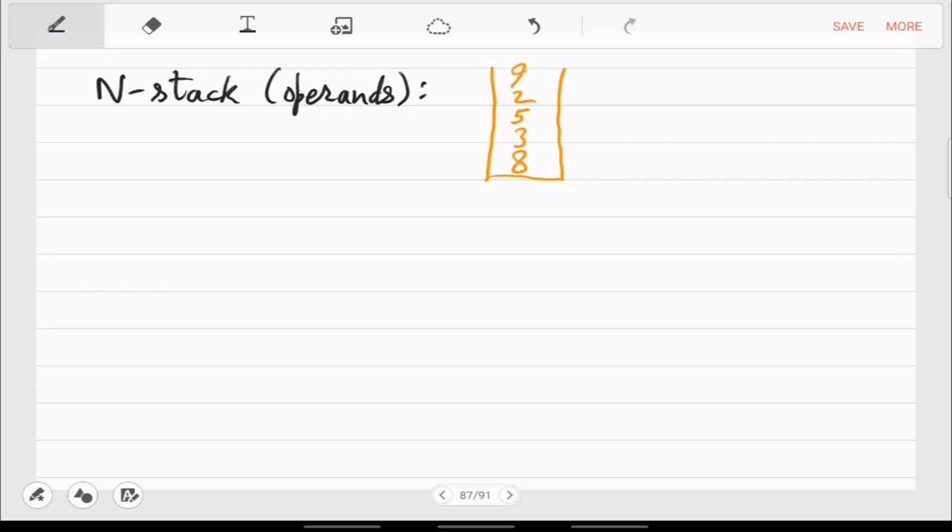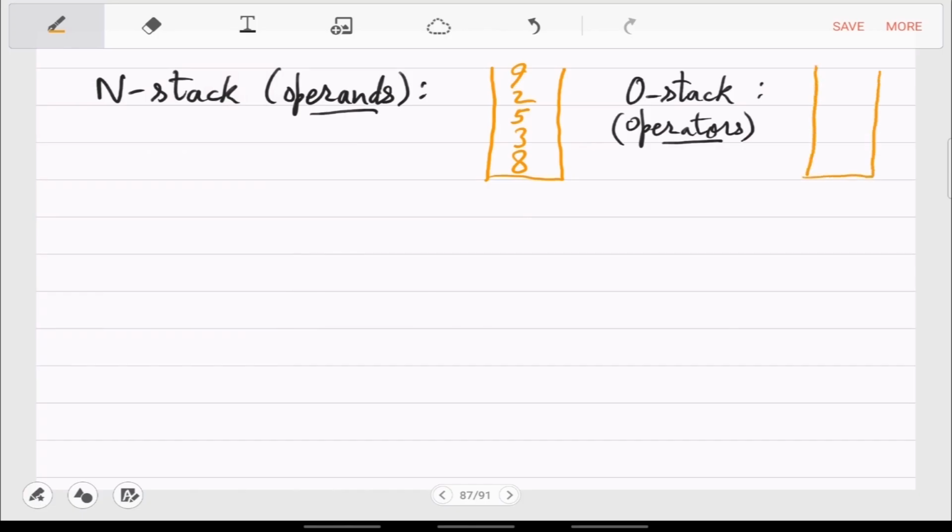And the second is the O stack, of operators. Here you can just keep the operators, which are plus, star, wedge, and minus. So you can keep them separated.